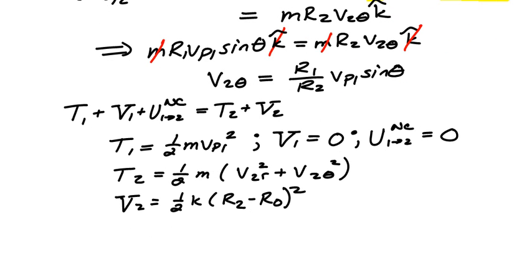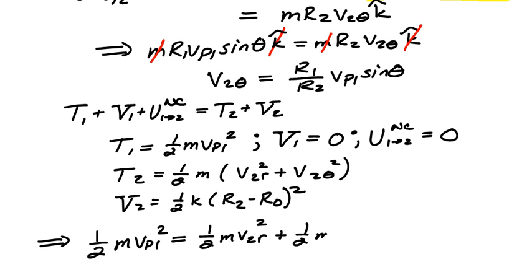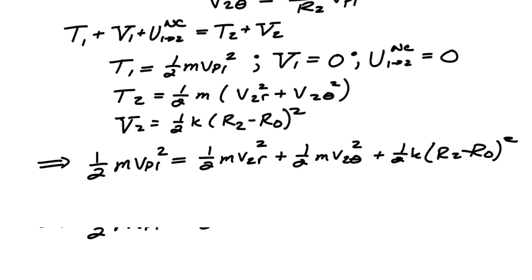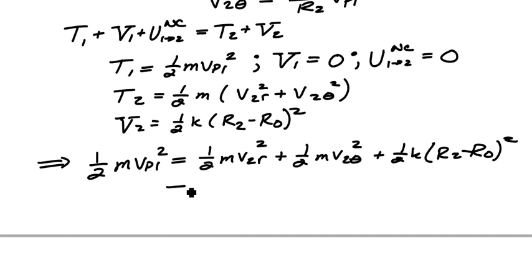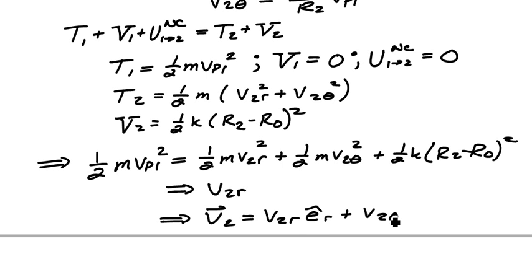If we substitute these 5 terms back into the work energy expression, what I'll have is that 1/2 m Vp1 squared is going to equal 1/2 m v2r squared plus 1/2 m v2 theta squared plus 1/2 k times quantity r2 minus r0 quantity squared. If one looks at this carefully, the only unknown in this statement is v2r, and once we have that, we can write down the velocity at state 2 in polar coordinates as simply v2r in the e_r direction plus v2 theta in the e_theta direction.